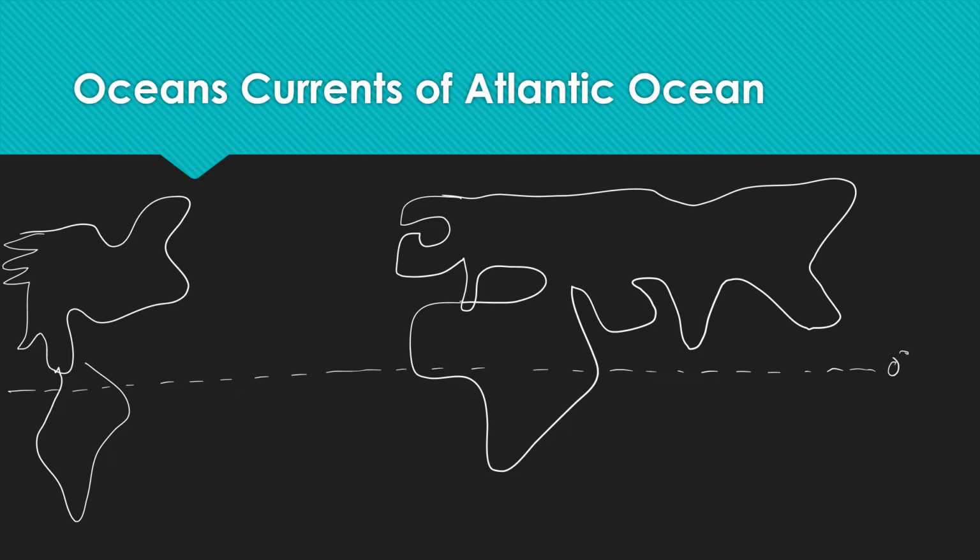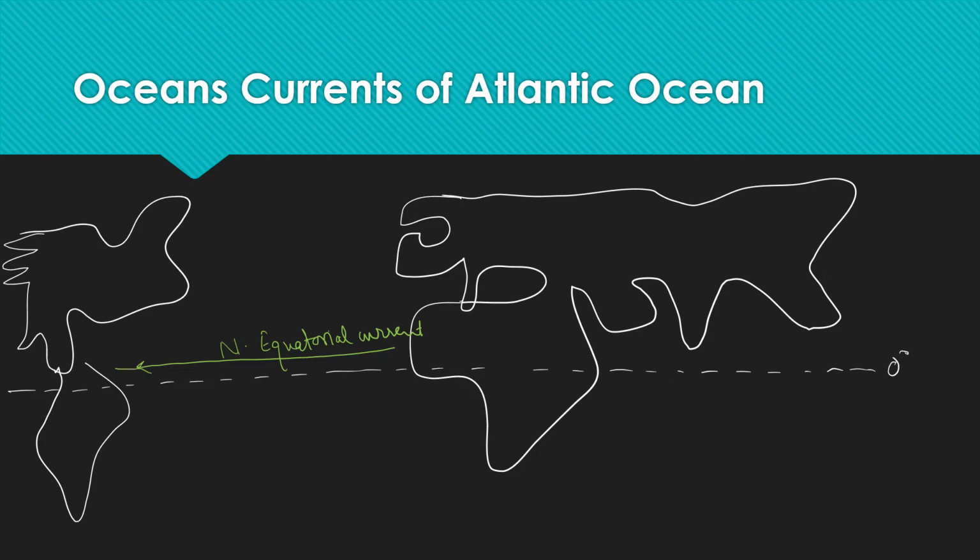Now we will start with the ocean currents of the Atlantic Ocean. First of all, as we have seen in the gyre circulation, this is the northern equatorial current. We are now discussing the Atlantic Ocean, so just focusing on this small area, this is the northern equatorial current moving from the east toward the west.